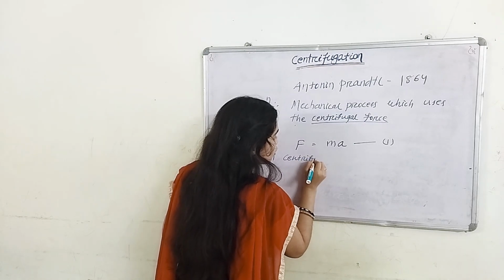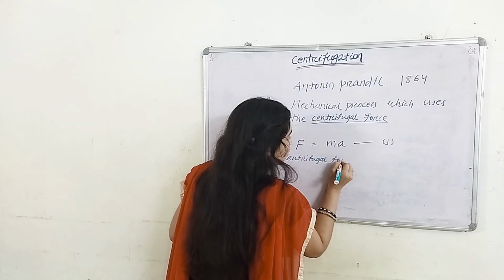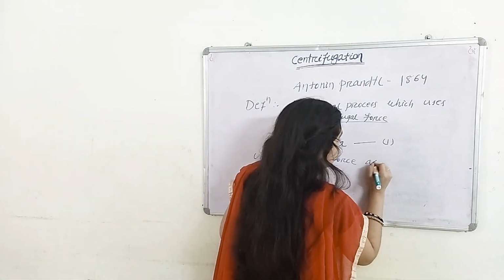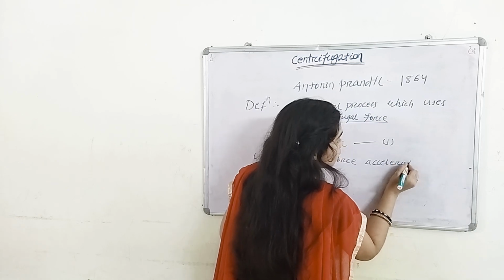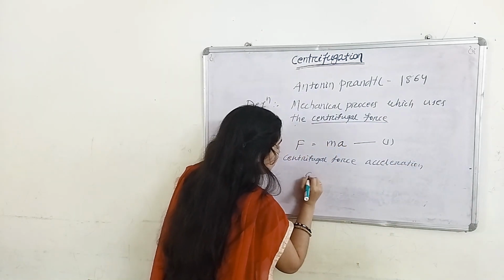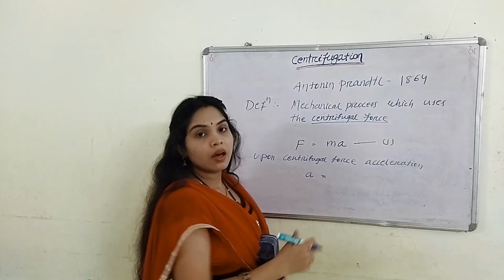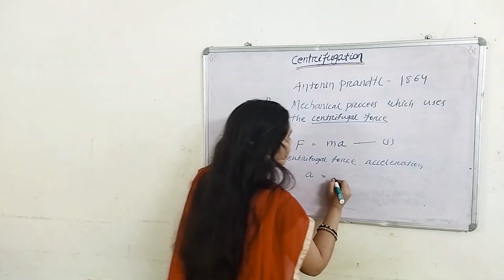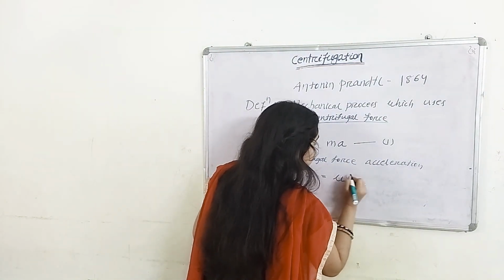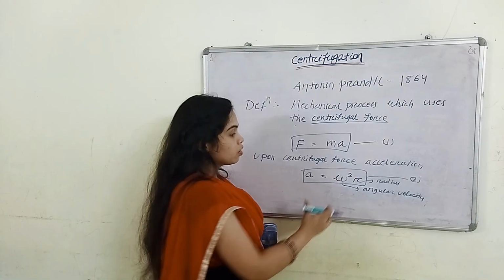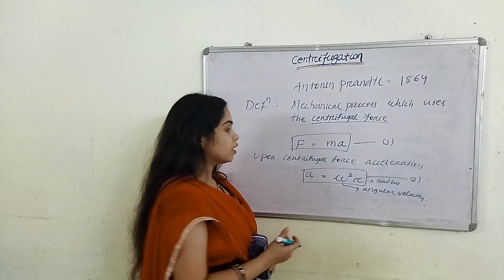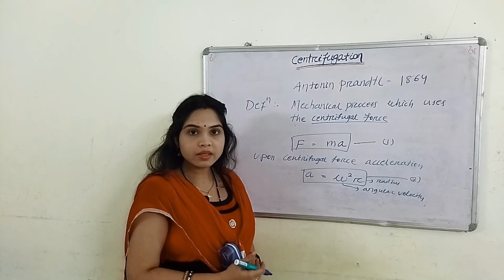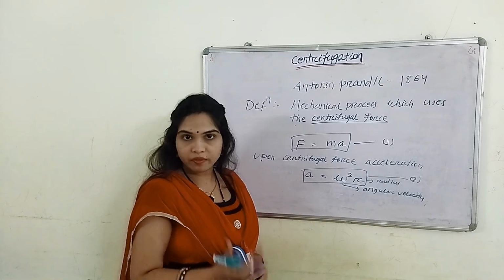In centrifugal force, the acceleration a is equal to the product of the square of the angular velocity and the radius of the orbit. Angular velocity is the time rate at which an object rotates or revolves.